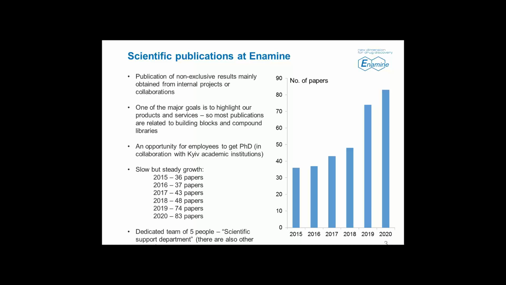We collaborate with Kyiv academic institutions, with Taras Shevchenko University, where I'm also associate professor, as Yura has mentioned in the introduction. And our scientific activity is steadily growing here in Enamine. You can see this from the graph and from numbers shown on the slide. Recently, a small dedicated team was created to support the scientific research at Enamine, which I'm heading currently.